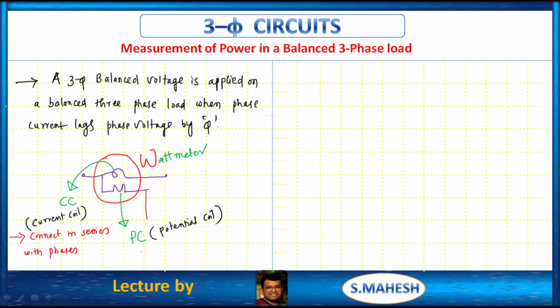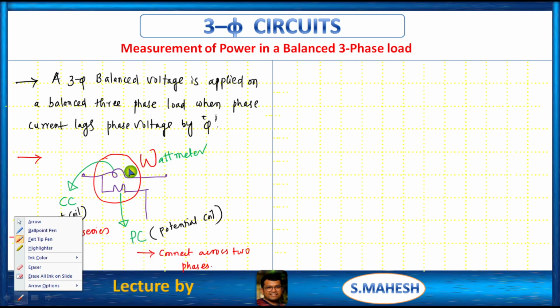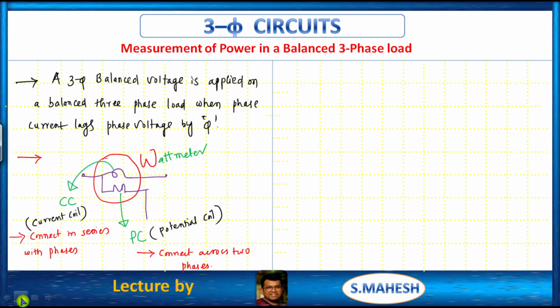What about the potential coil, which is connected across two phases? We have voltage across, and current in series. Clear? This is the basic concept of a wattmeter. We have 4 terminals, M, L, C, V, for this wattmeter, which you have to get from the concept of measurements.